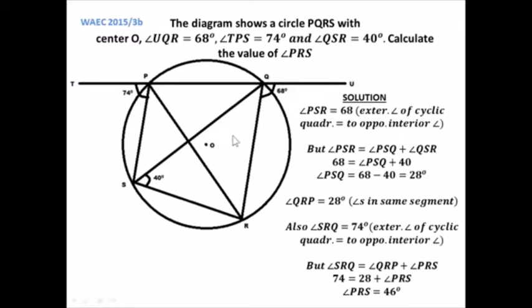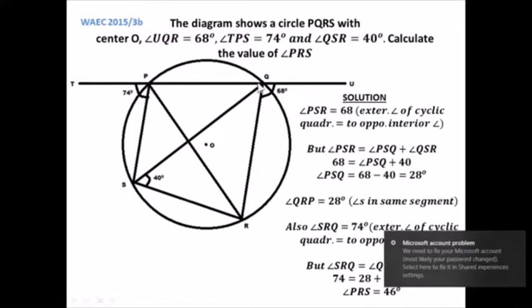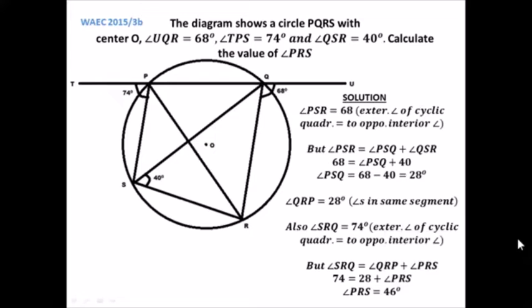Now, how do we go about that? If you look at line PQ, then line QR, line RS, line PS, this is a quadrilateral inscribed in a circle. So that means this is a cyclic quadrilateral.